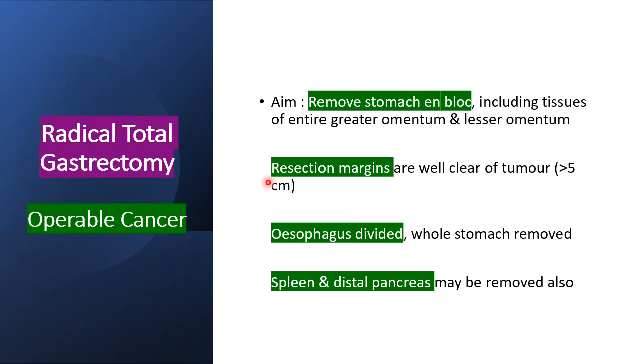The resection margins of the stomach must be clear of tumor. A margin of more than 5 centimeters is advised. The esophagus is divided and the whole stomach is removed. At times, splenectomy and distal pancreatectomy may have to be done in order to get a curative resection.